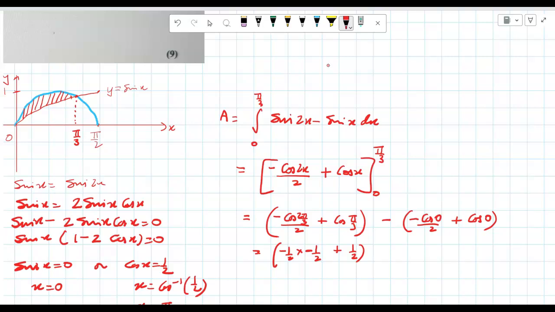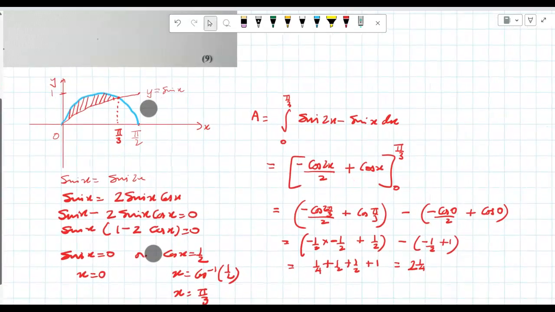Cos 60 is half. And cos 0 is 1, so negative half plus 1. So that's 1/4 plus half plus half plus 1. So basically 2 1/4. So that's the area enclosed.